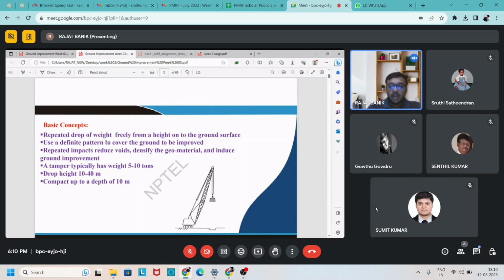The drop height is almost 10 to 40 meters, and the weight is 5 to 10 tons. That means it is quite heavy energy. By applying this heavy energy, we can densify our ground to quite a depth.